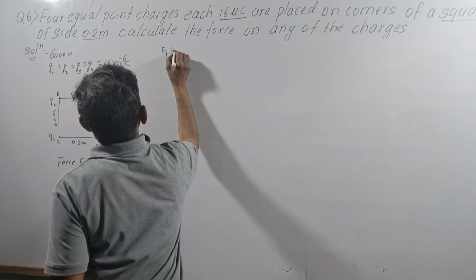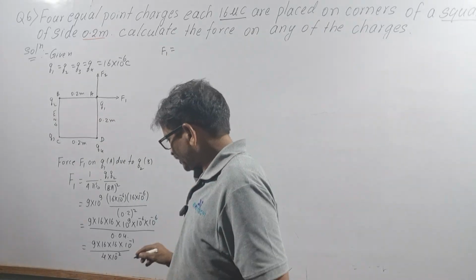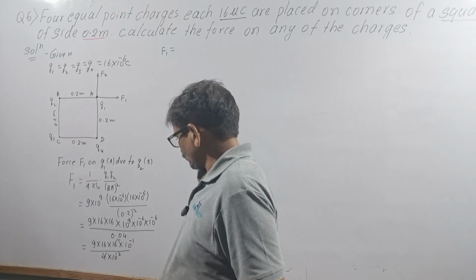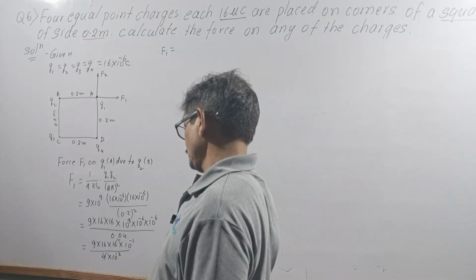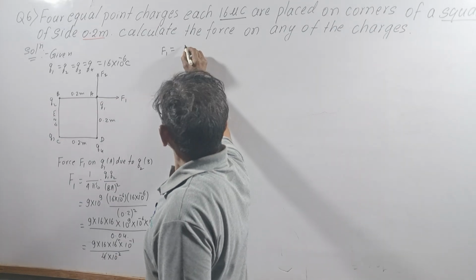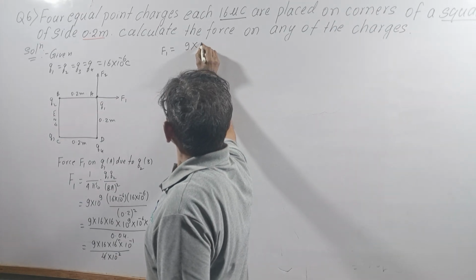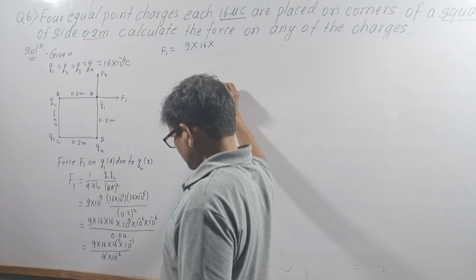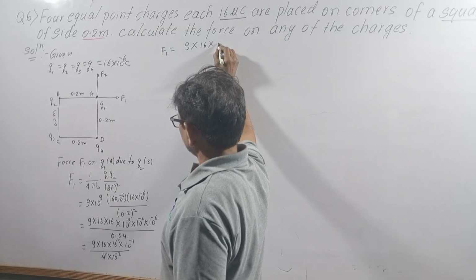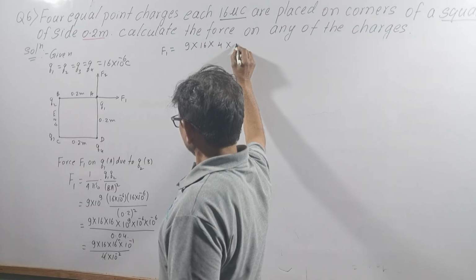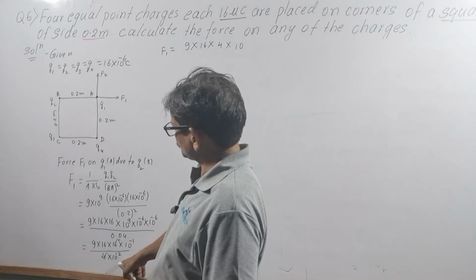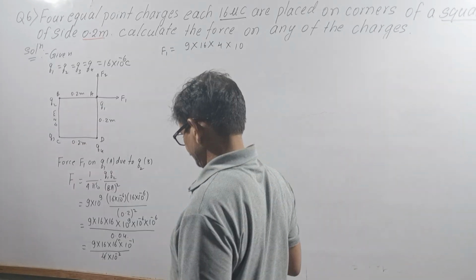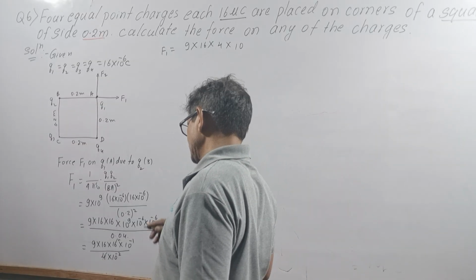I am continuing here: F equal to, now you can cancel this one, 4 cancels with 4. That is equal to 9 into 16 into 16 into 4 into 10 to the power, here minus 2 is there. If you take it up, it becomes plus.